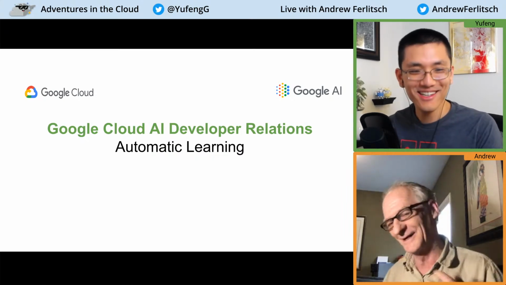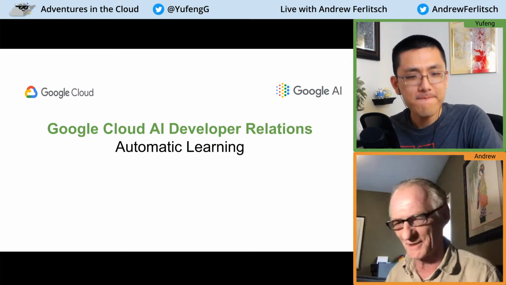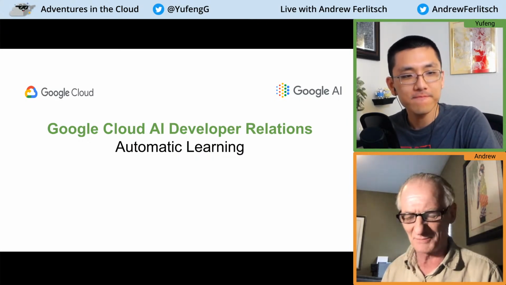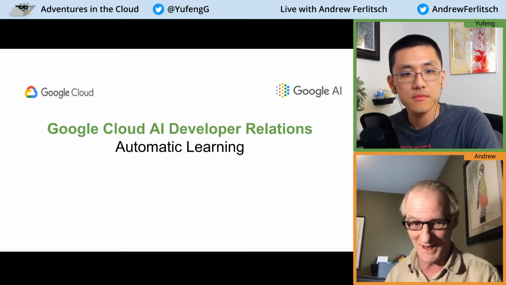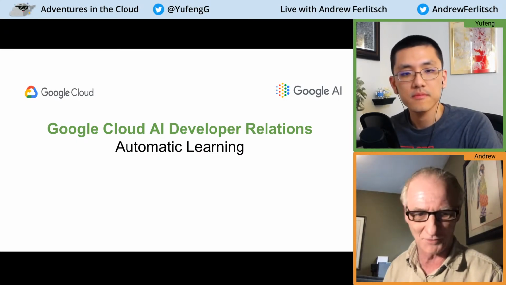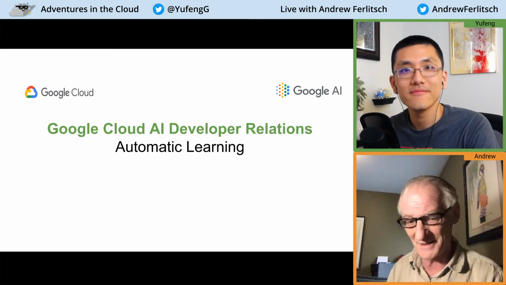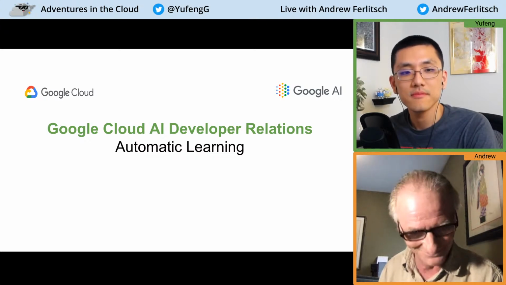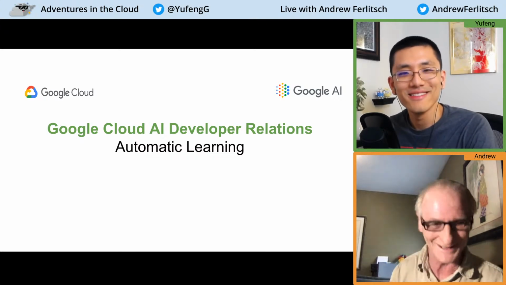Okay. Well, first I just want to start with explaining the difference between AutoML and automatic machine learning. Lots of people have heard of AutoML, and there's two things. One is that it's actually a product name for a Google Cloud product.